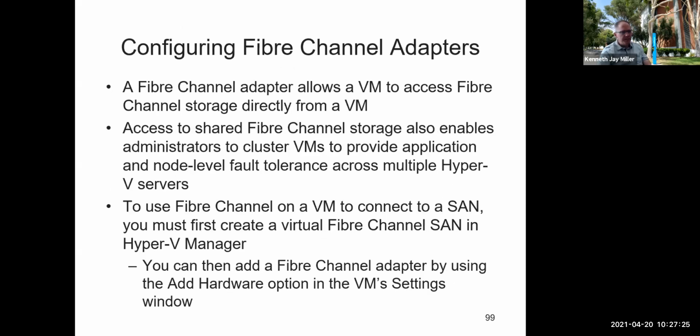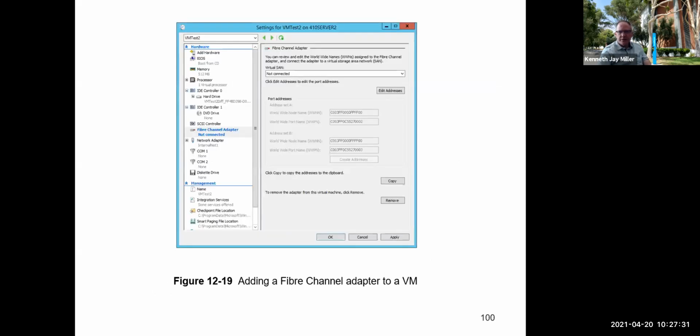Okay, fiber channel can be configured as well. I'm going to go through some of this fairly quickly. So here are the settings. This looks a little bit different compared to VMware. Again, you have the processor. Some of these you can only change if the system's not powered on.